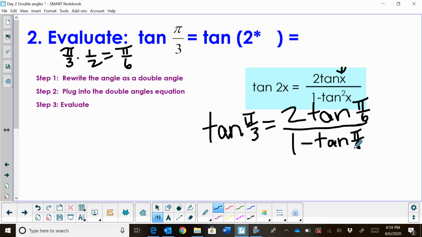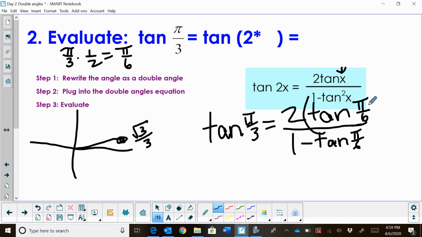Let's think about the unit circle. Okay, unit circle, we are right here, and that would be a √3 all over 3 for tangent. So let's plug in a √3 over 3 here and here. Oop, I forgot my square right there, didn't I? Okay, don't forget to square this bottom.